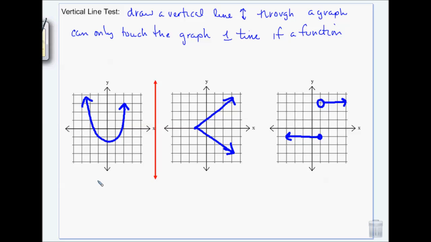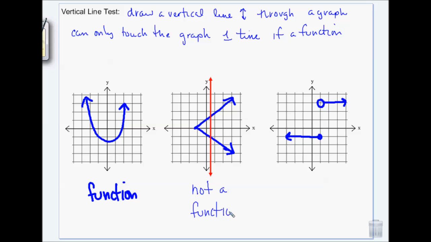So that's a function. If I take it and I come over here, right here it touches at one point, but as soon as I go over here, it's touching at 2 different places, here and here. Okay.